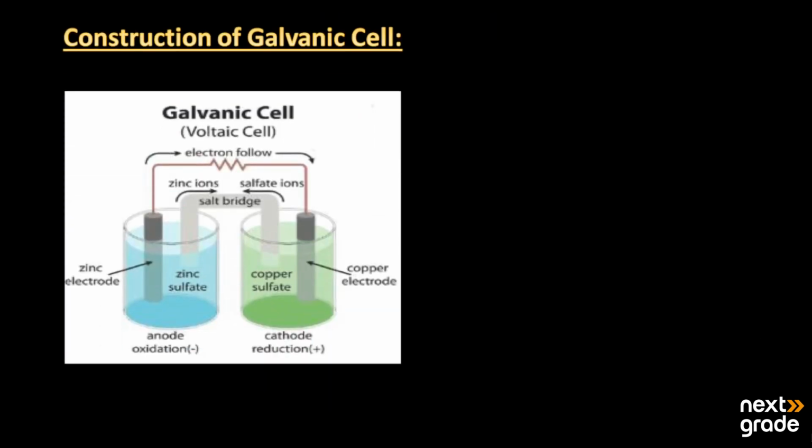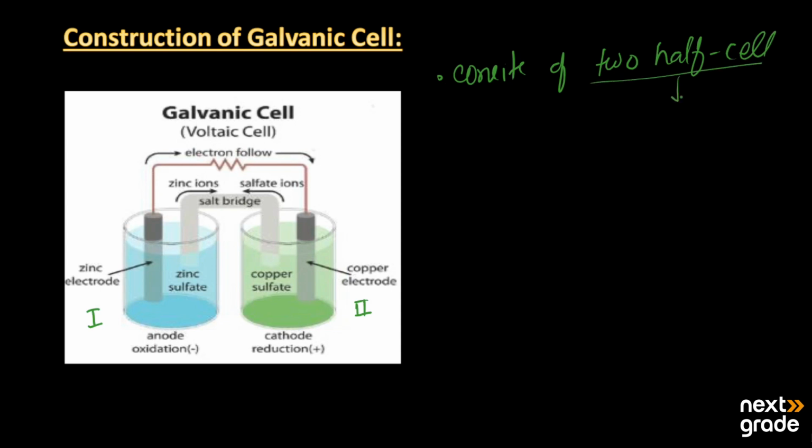Here we have the construction of the voltaic cell. Basically, the galvanic cell consists of two half cells. This is the first half cell and this is the second half cell. These half cells combine and make up one complete cell, and this is known as the galvanic or the voltaic cell.